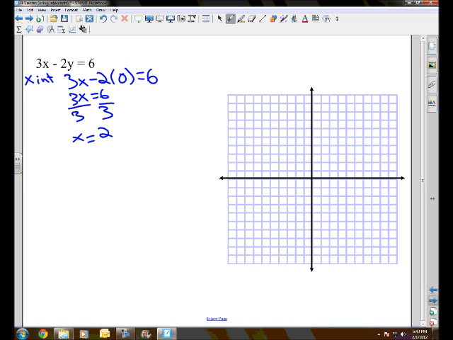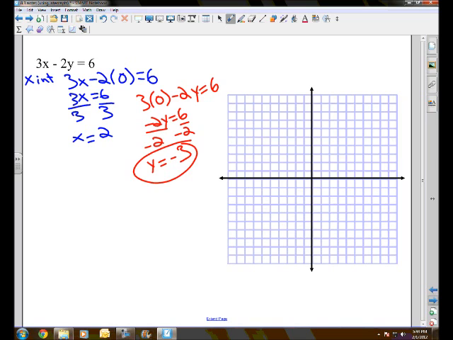We'll substitute 0 in for x this time. 3 times 0 equals, nope, not equals. Getting a little ahead of myself here. Minus 2y equals 6. There we go. All right, so 3 times 0, of course, is 0. So we've got a minus 2y equals 6. We'll divide both sides by negative 2 to get y by itself. We'll have y equals negative 3.